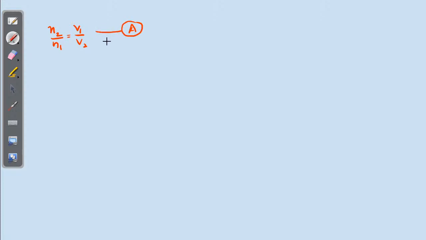Now let's write down the expression in a reverse manner, that is n12. What is n12? The refractive index of the first medium with respect to the second medium. It is the ratio of the refractive index of the first medium to the refractive index of the second medium.